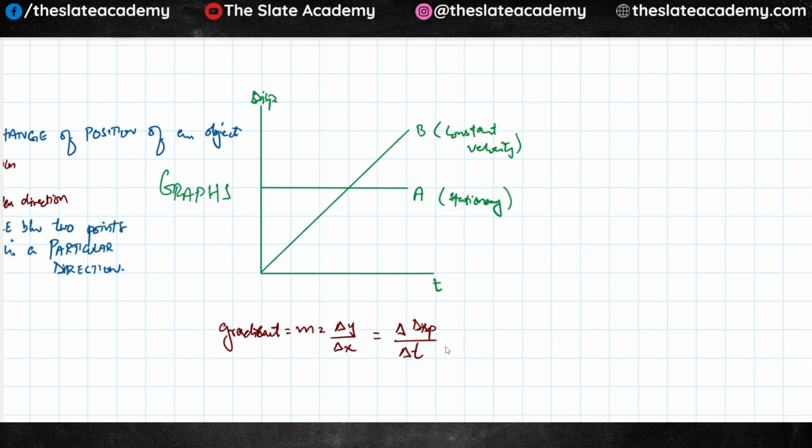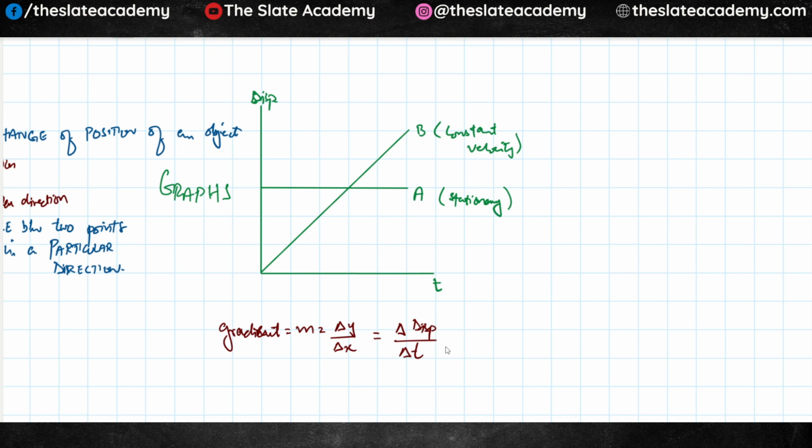Therefore, I can say the gradient of a displacement time graph gives velocity. Over here, since the line is straight, the gradient is constant for a straight line.